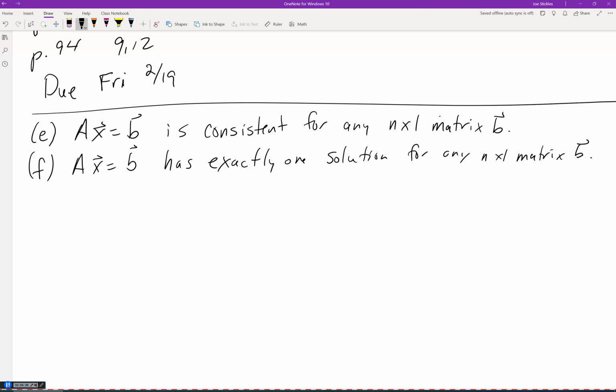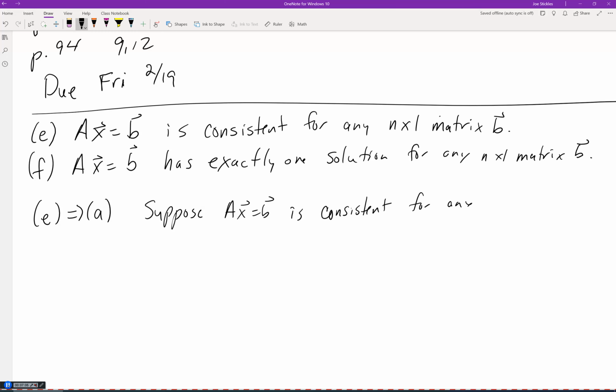Well, if it's consistent for any matrix that we want, then we make certain ones. So if we wanted to do E implies A, we suppose that this is consistent for any n by 1 matrix B. Let's consider the following systems.